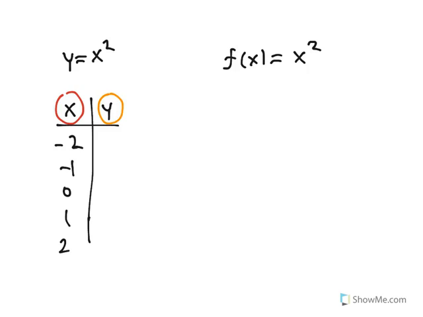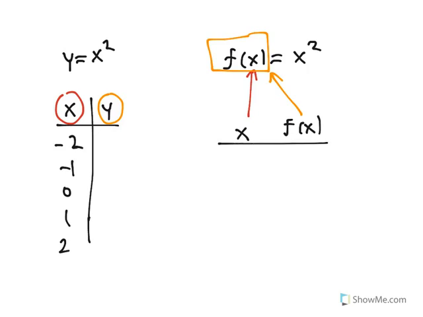In function notation, as we said, our input is right there, and the whole thing, f of x, is our output. So if you wanted to make a table using function notation, you would write x for the input and f of x for the output. And you can see that f of x is y.